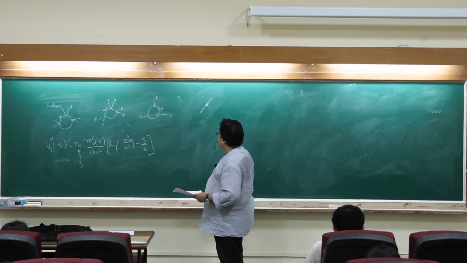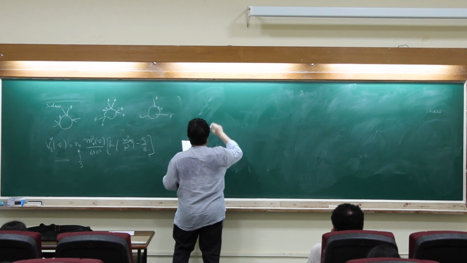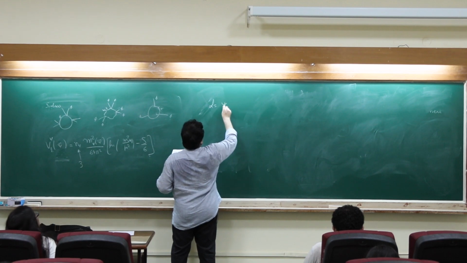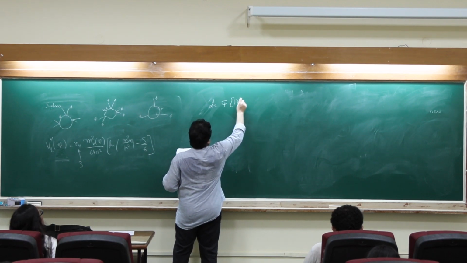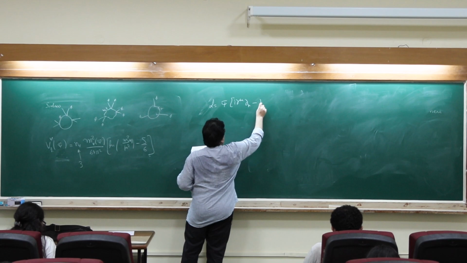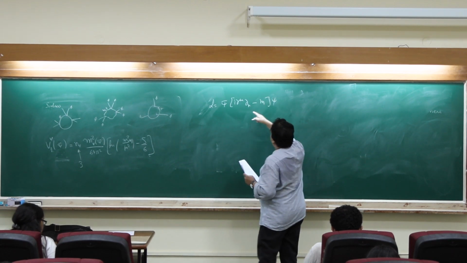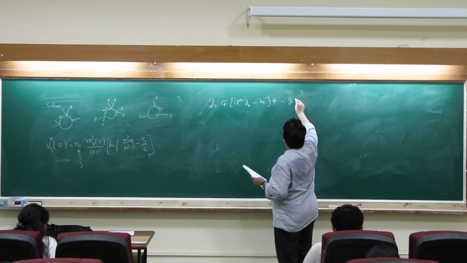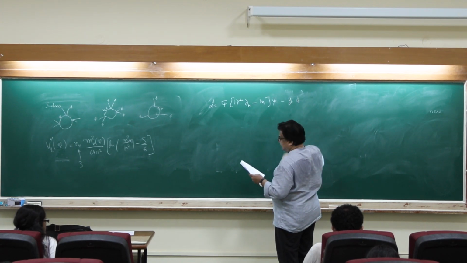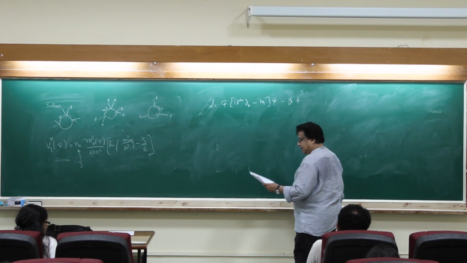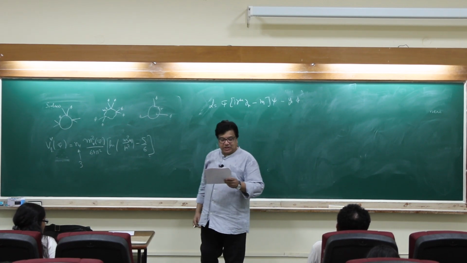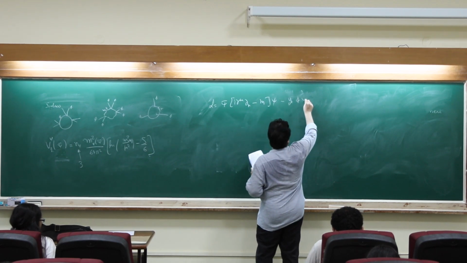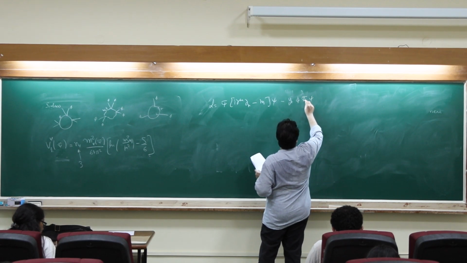So now we have to do a path integral of the fermions. Okay. So there is a Dirac fermion which has a coupling with the Higgs field, psi bar psi.